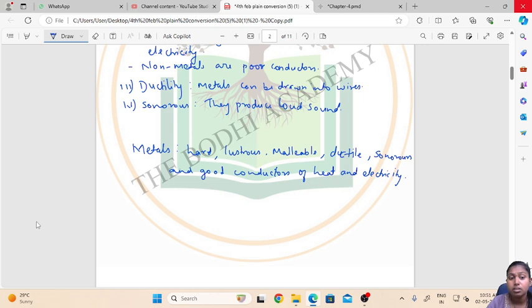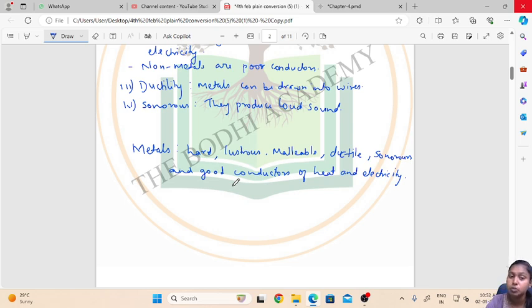So metals are the materials which possess all these properties, like they are hard, they are lustrous, they are shiny, they are malleable, they can be beaten into thin sheets, they are ductile, they can be converted to wire, they are sonorous. When they fall, they produce a big sound and are good conductors of heat and electricity.